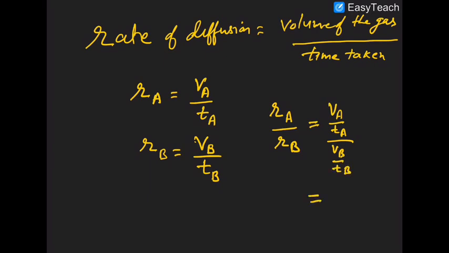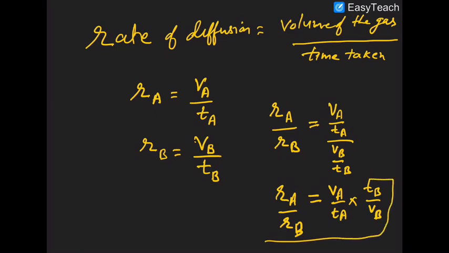So what will you write? You will write VA by TA into TB by VB. So in place of RA by RB, can you put that value? I am repeating once more. Yes, we can put that value here.